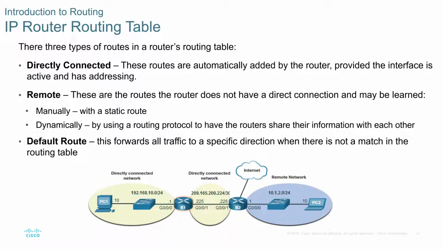We may also have a default route. This forwards all traffic to a specific direction when there is not a match in the routing table. Your home router would use a default route so that any network that it does not directly know of would be sent out to your ISP.